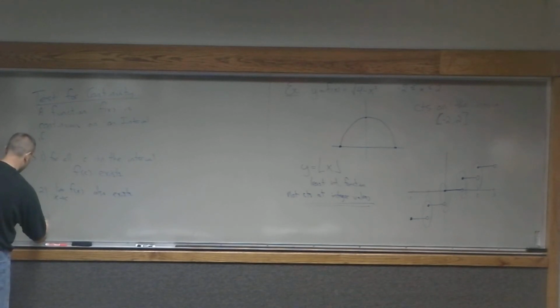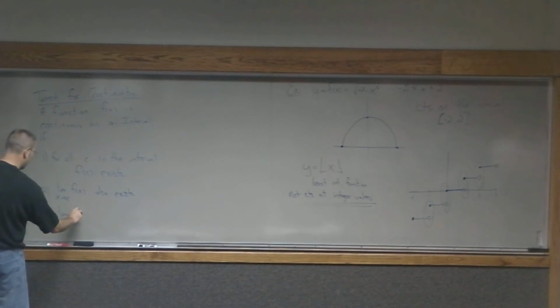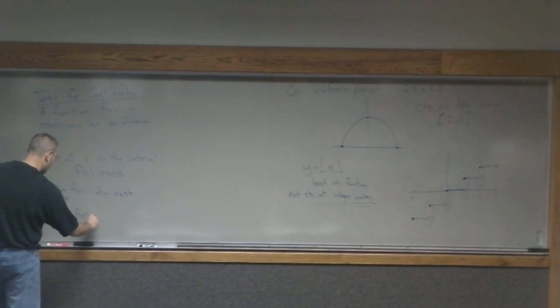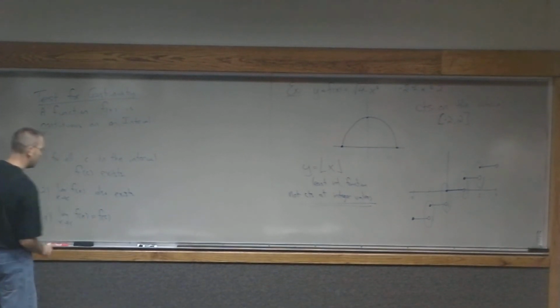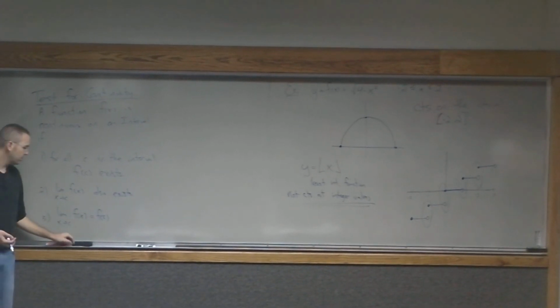And the third one says that the limit as x approaches C of f of x has to equal f of C. These are the tests for continuity. If a function has all of these properties on an interval, it's continuous, and for us that's good news because that means we can do extra stuff with it.